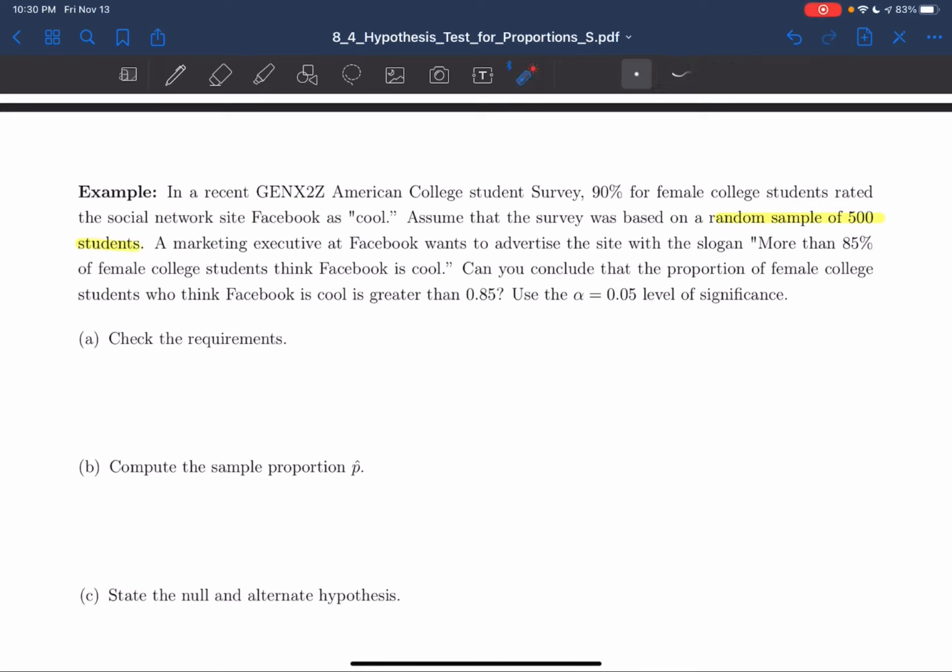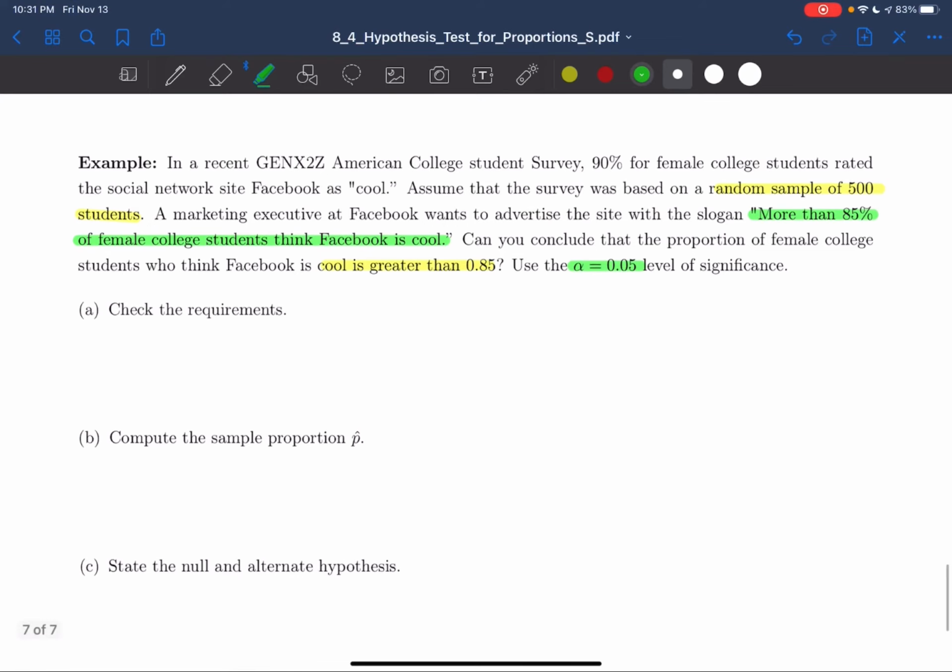A marketing executive at Facebook wants to advertise the site with the slogan, more than 85% of female college students think Facebook is cool. Can you conclude that the proportion of female college students who think Facebook is cool is greater than 0.85? And here we're using a significance level of 0.05.